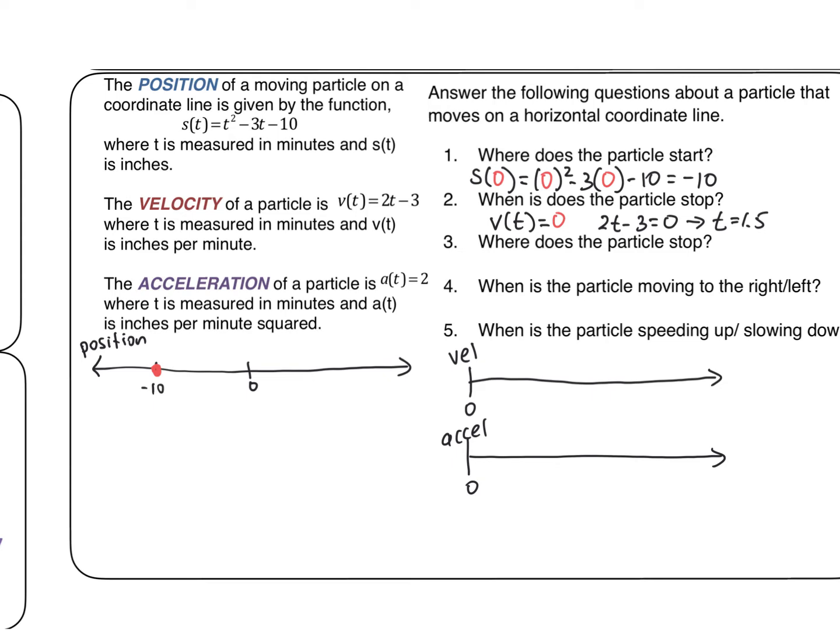When we find this out, we want to go to the velocity graph and mark that at 1.5 when it's at rest. At this point, we go to the next question: where does the particle stop? So we know where it begins, and after how many seconds it comes to a stop.